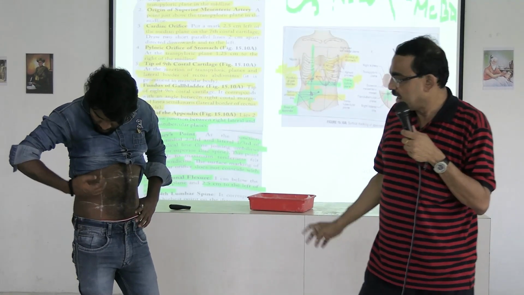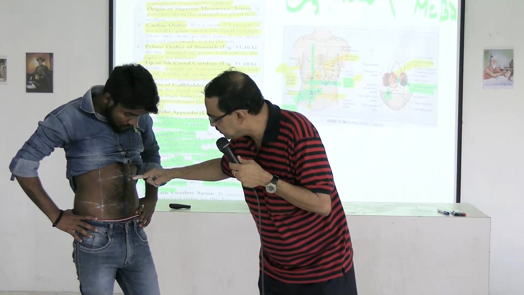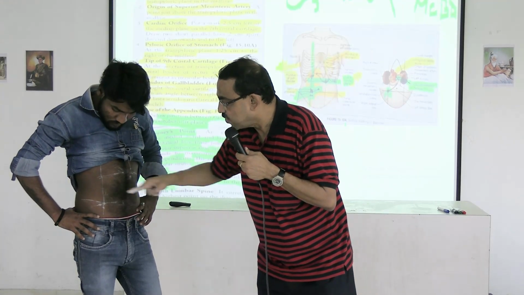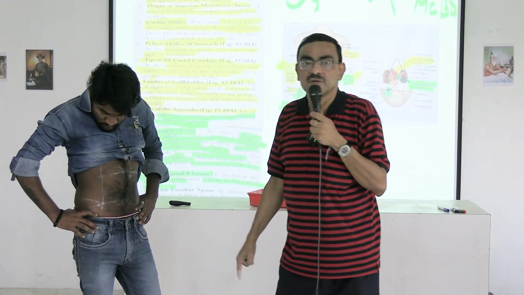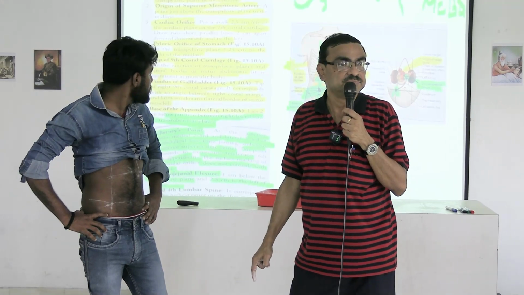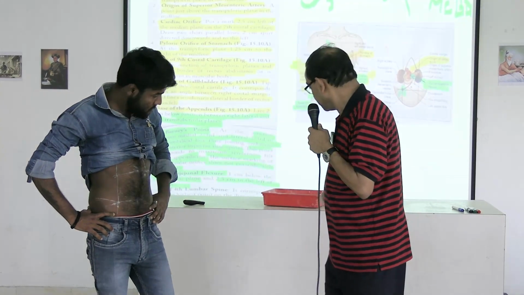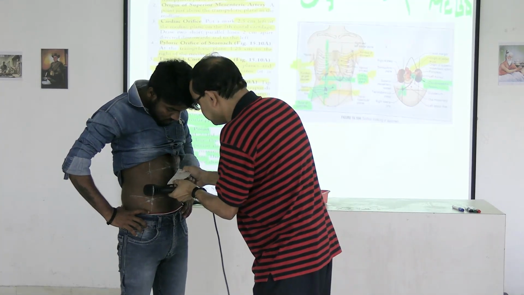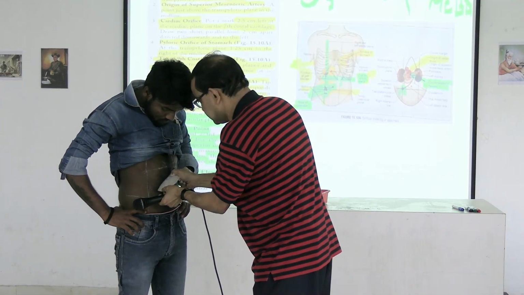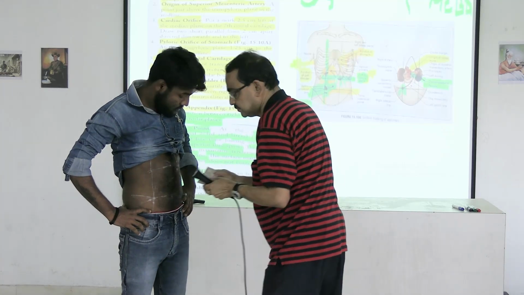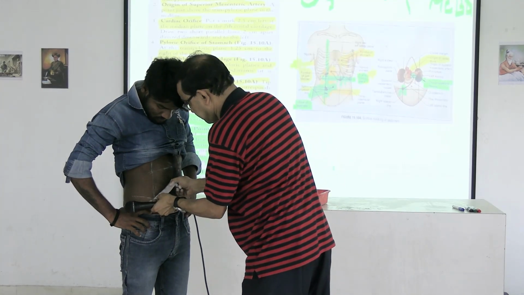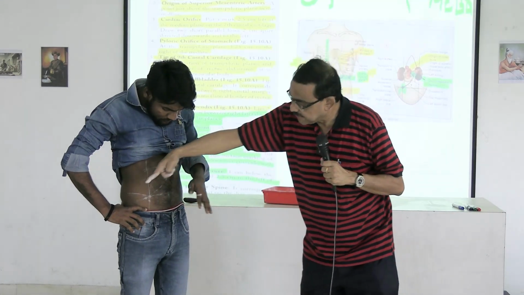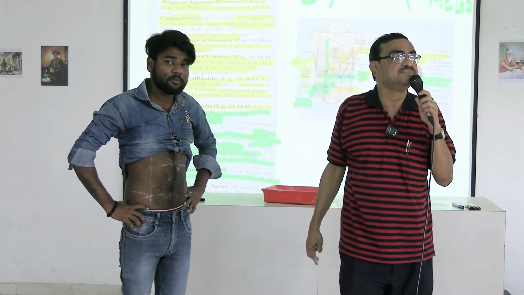Okay. Now, if I join this duodenojejunal flexure and the ileocecal valve, we can draw a line just by joining these two points. We can get a curved line.